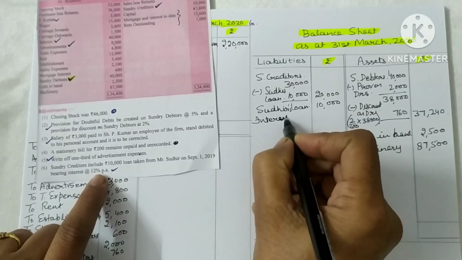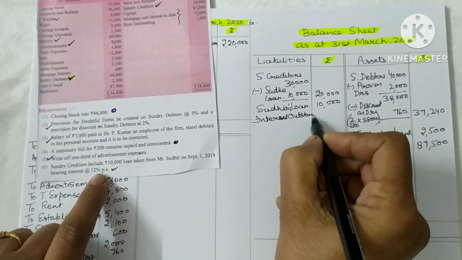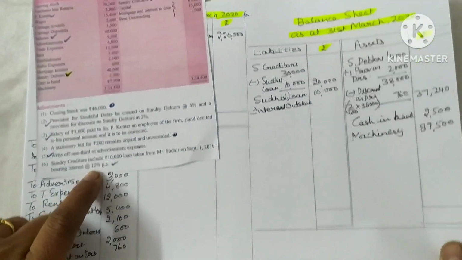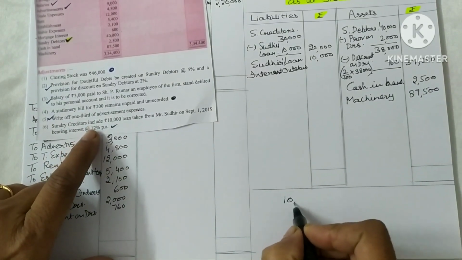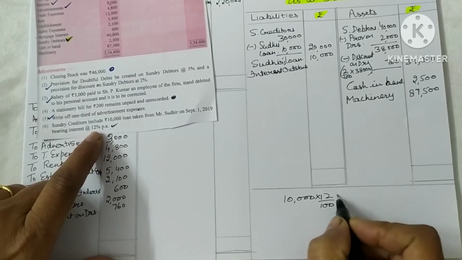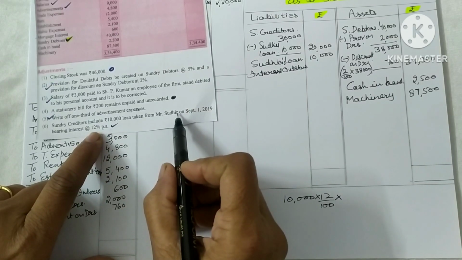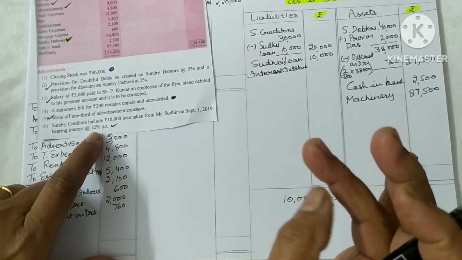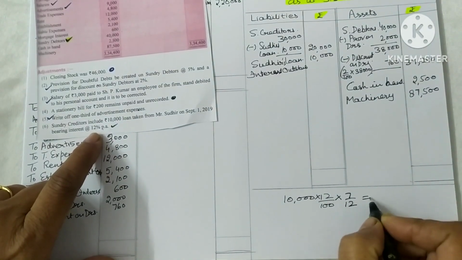And interest outstanding on Sudhir's loan, you have to calculate like this: 10,000 into 12% into, the loan was taken from Sudhir on 1st September. So September, October, November, December, January, February, March. You have to calculate interest for 7 months, 7 by 12.